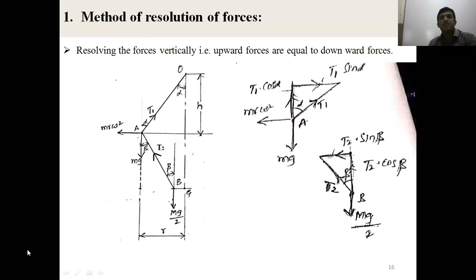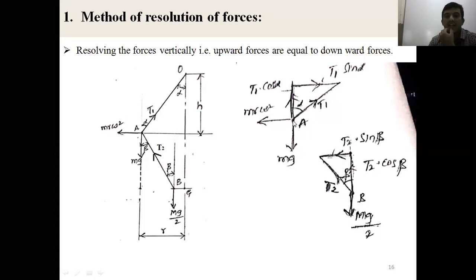First, if you go for the method of resolution of forces, as you know, this is the governor ball at point A. What are the forces acting on the governor ball here? One is tension T1 acting here, the centrifugal force m r omega square, and the gravitational force of the governor ball, m g.